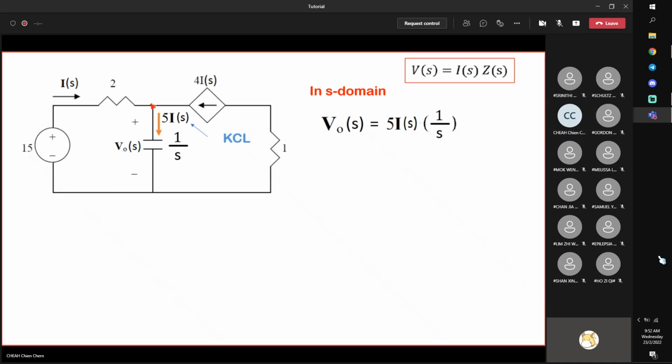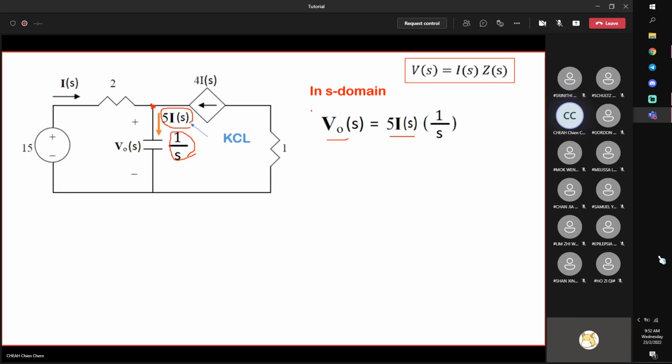Inflow adds up to be outflow. Then I use something similar to Ohm's law. V is equal to the current times the impedance. Impedance is 1 over S, current is 5I(s). Then I can get my V0 in terms of I.